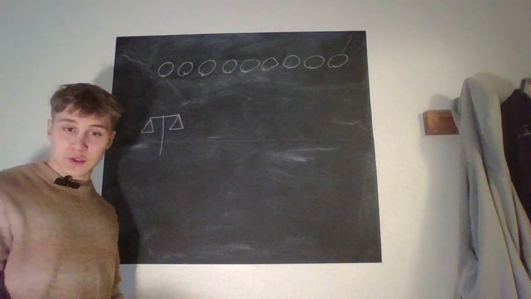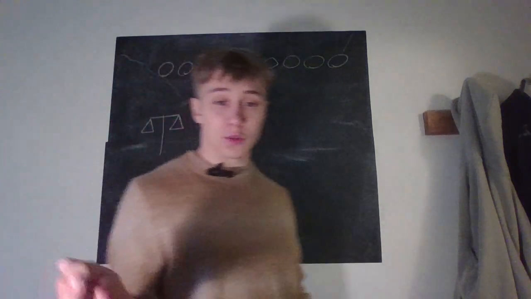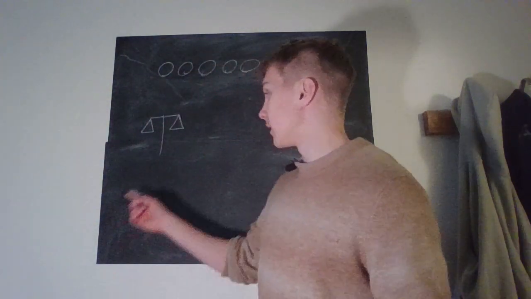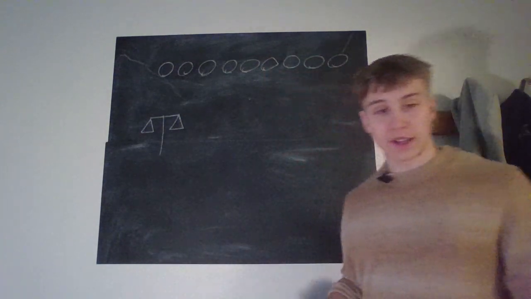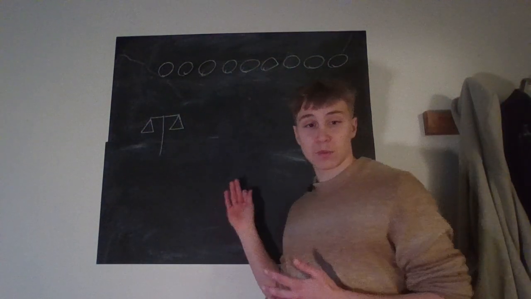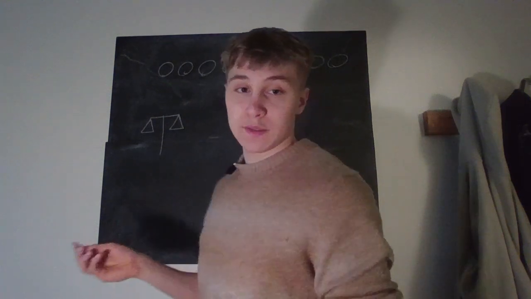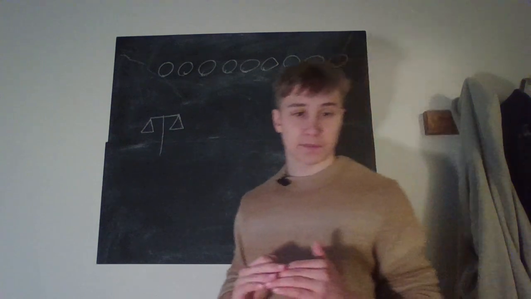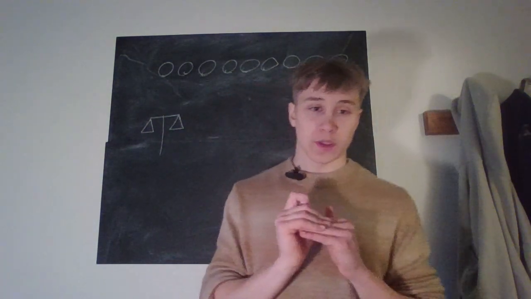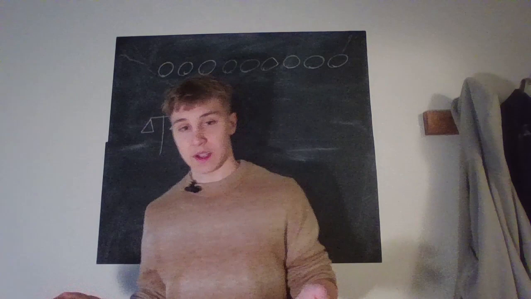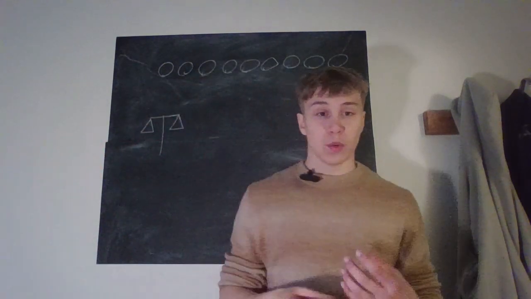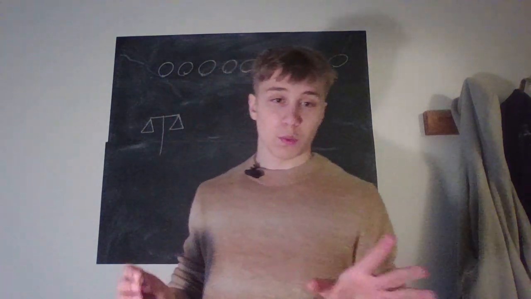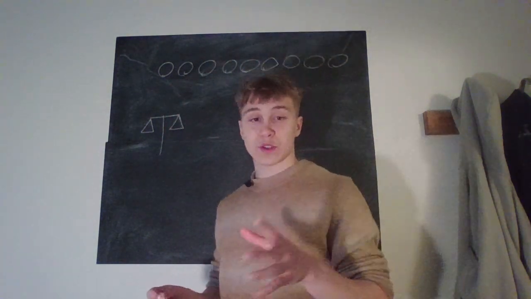So for the first one, where we know if it's heavier or lighter, for example, say that it's heavier, how many times do we have to use the scale to find out which coin is counterfeit? Well, for this one, we think from the ground up. If we can only use the scale one time and we know that it's heavier, how many coins can we start with and still always deduce which coin it is?